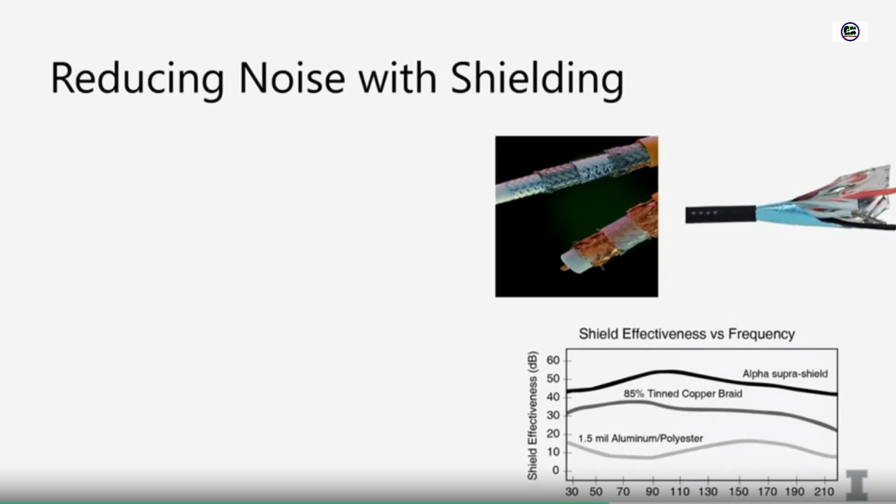If you look at the shield effectiveness for different kinds of electromagnetic interference, you can see different kinds of shields perform differently with different powers of interference, different frequencies, and so on. And this is important to keep in mind because when you're building a device, you have to think about what you want to protect it from. Do you want to protect from high frequency, low frequency, powerful effects, or less powerful interference, and so on.